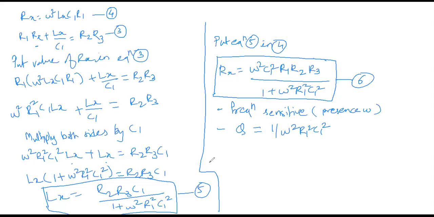Again, we can rewrite the equation in terms of Q. So Lx will be R2 R3 C1 divided by 1 plus 1 divided by Q square.